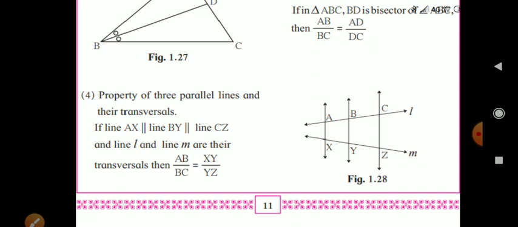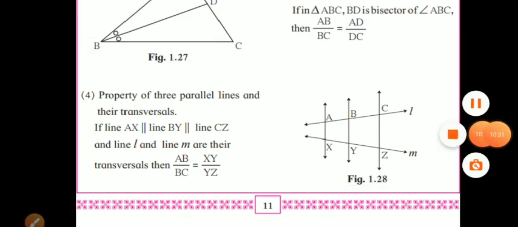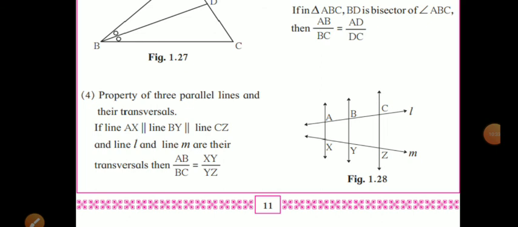Thus we studied three important theorems: the basic proportionality theorem, the angle bisector theorem, and the property of three parallel lines and their transversal. In the next lecture we will study practice set 1.2 based on these three theorems. Okay, thank you.